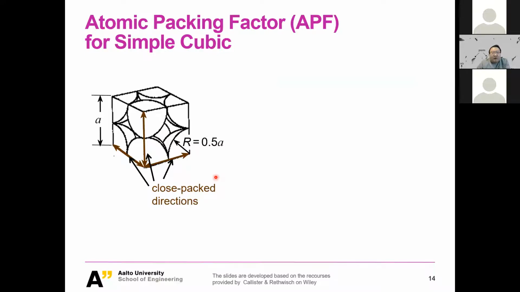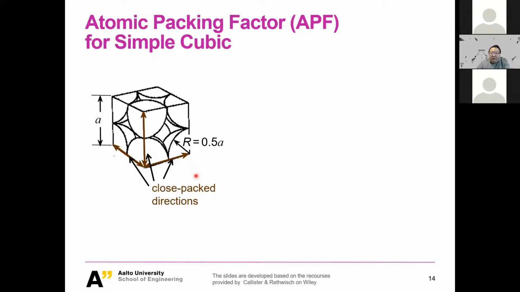So we start with the simple cubic packing. If we just give a distance of A as the edge of the unit cell, you could already easily get the volume of the unit cell. It's A cubed, right?